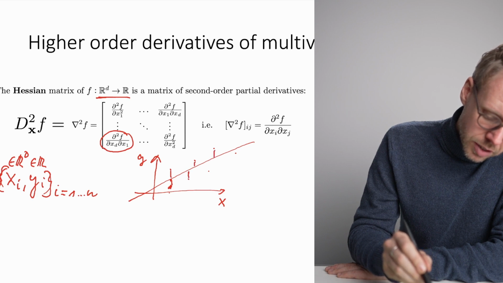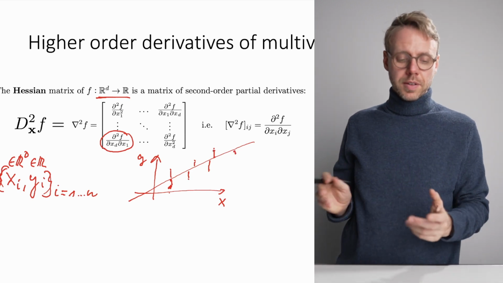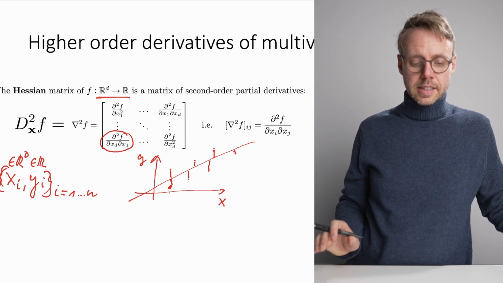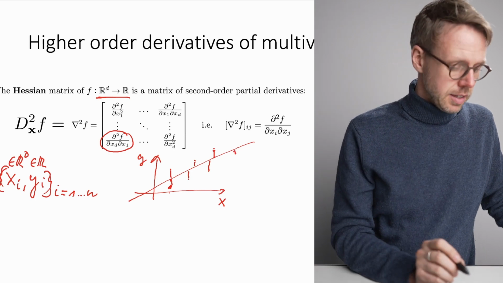If we compute the differences between the line and the y value at a particular x, we want to minimize the squared differences.